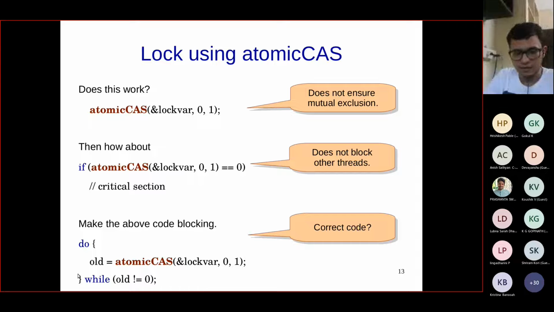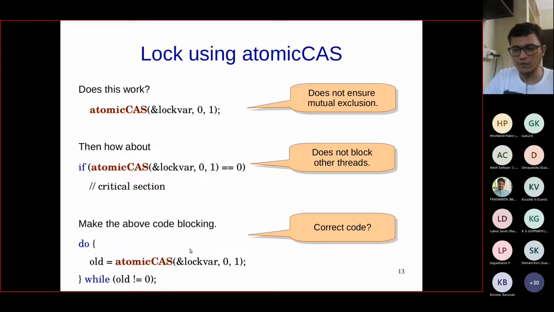That is fine. We also need to check if other threads are blocked here, because one thread has already entered the critical section. Since it is inside the critical section, it is important to block other threads. Since lock_var is 1 now, all other threads entering this do while loop will see lock_var as 1 and compare it with 0, so 1 is not equal to 0. They'll get the old value as 1, and 1 is not equal to 0, so they'll keep on looping here. The thread that entered the critical section will finish its execution and reset the value of lock_var to 0.